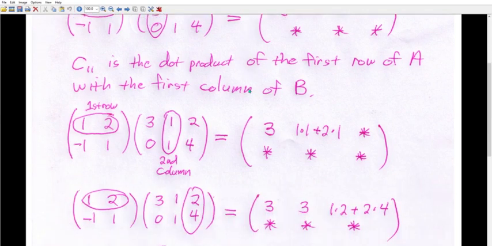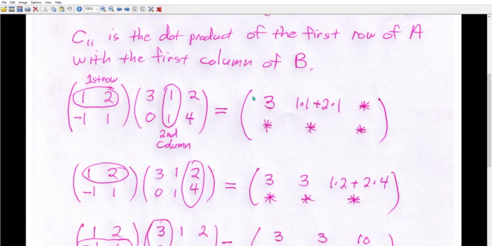So to continue, if we want the 1, 2 entry in C, the product, we're going to take the first row of A and dot it with the second column of B, and we're going to get 1 times 1 plus 2 times 1, and that gives you the 1, 2 entry here, first row, second column.